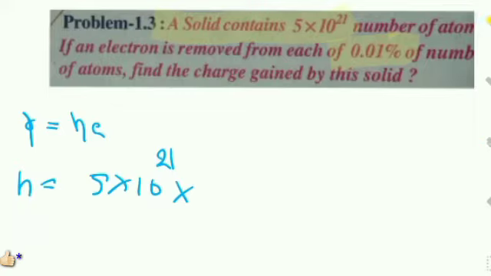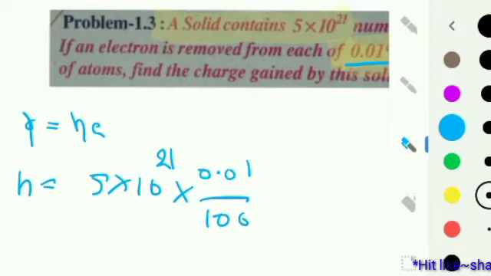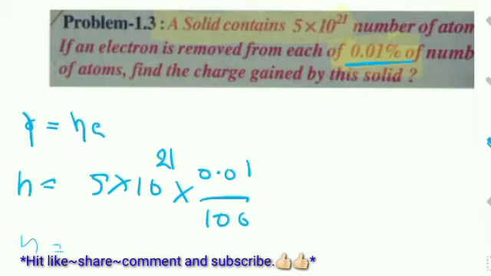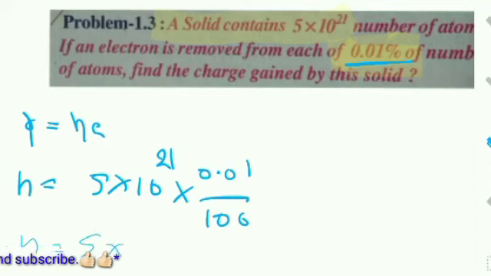Every atom, 0.01 percent removed. 0.01 by 100, this is the number of atoms. Here two zeros cancel, so we get 5 into 10 to the power of 19.